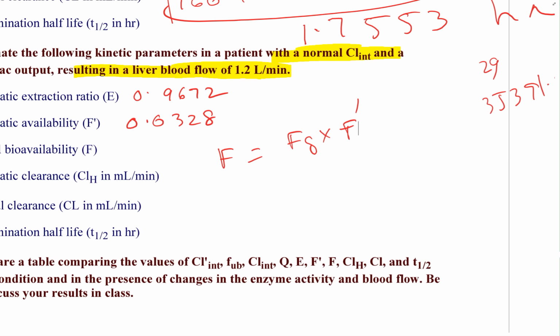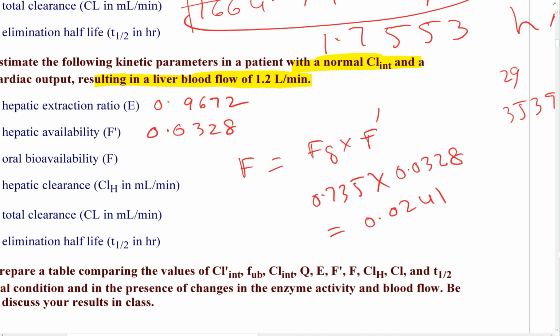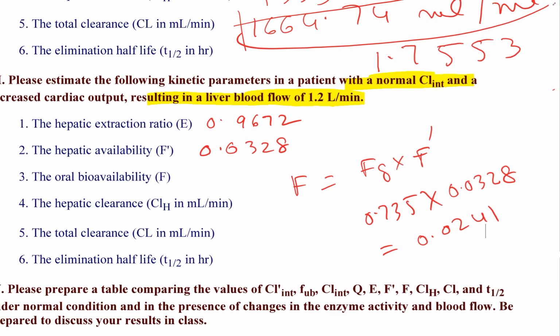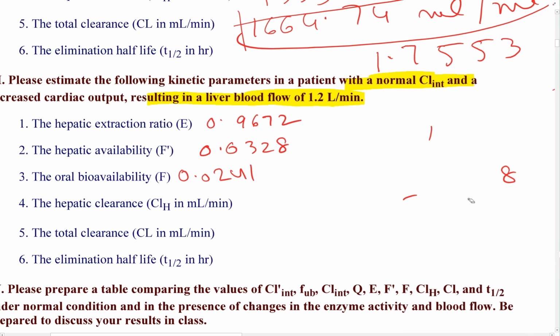We know Fg is the old Fg from before because there was no change in GI availability, 0.735, times F prime, 0.0328, is going to be 0.0241. So 0.0241 is your oral availability.